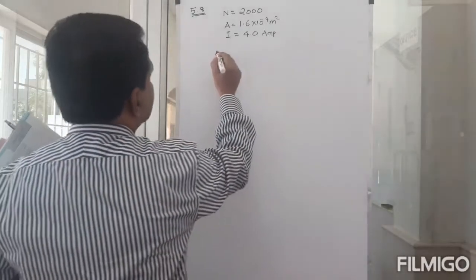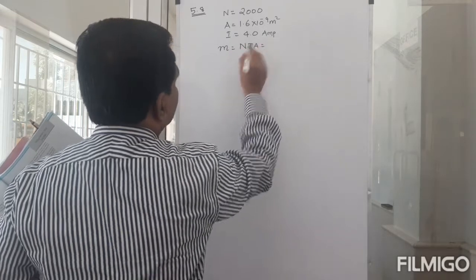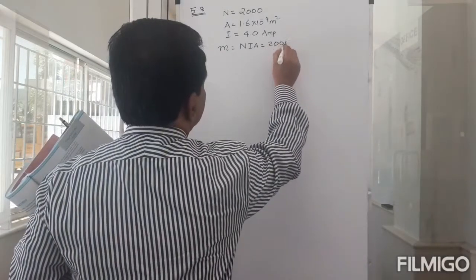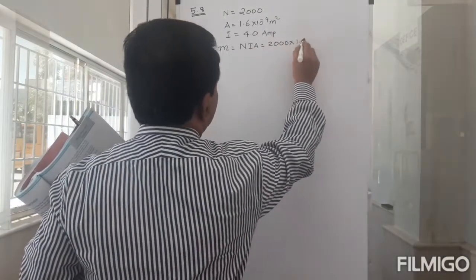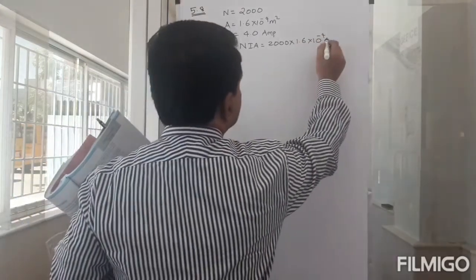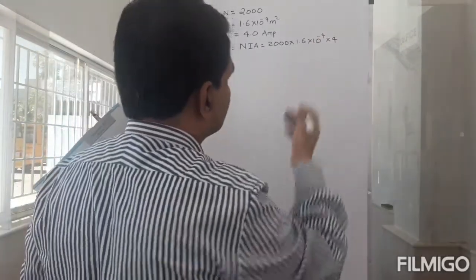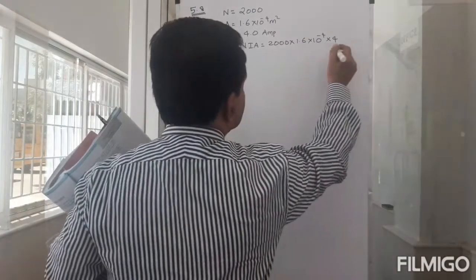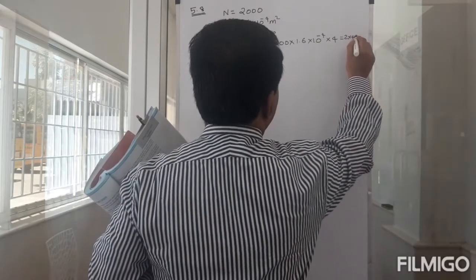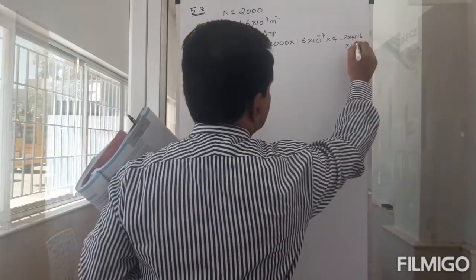And that's easy. So your M is equal to N I A, or NAI. So 2000 into A, which is 1.6 into 10 to the power minus 4, and then I is 4. So this is going to be equal to 2 into 4 into 1.6 into 10 to the power 3 minus 4, so 10 to the power minus 1.